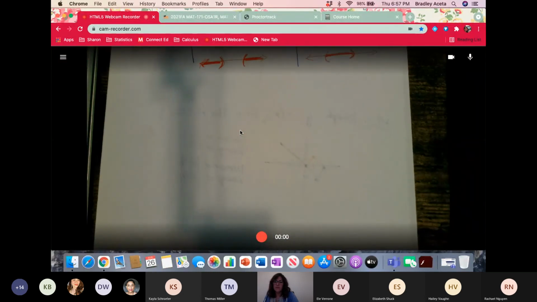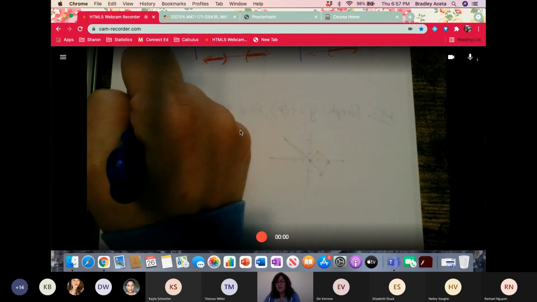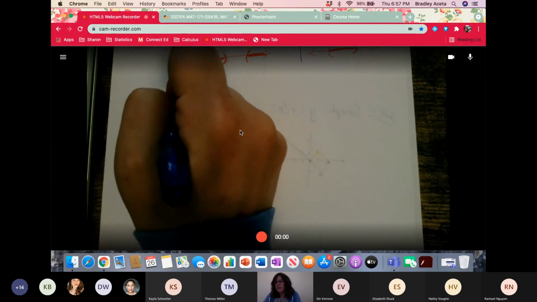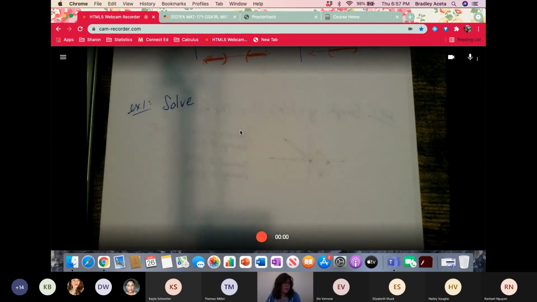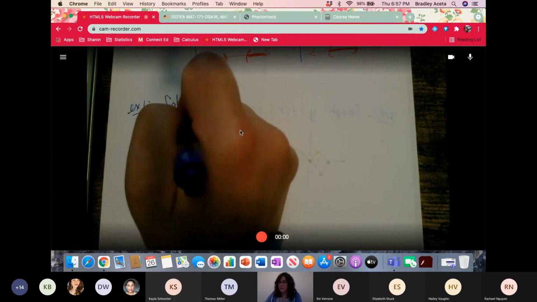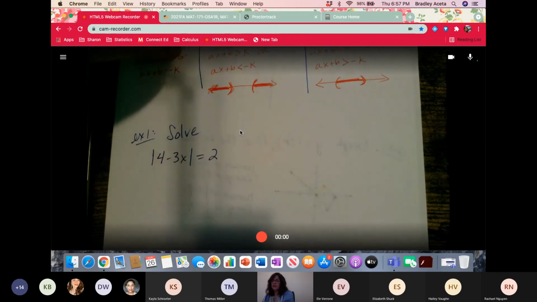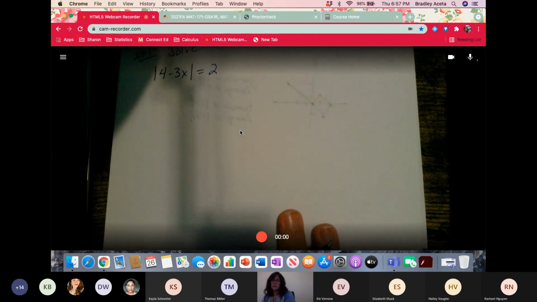Now, like I said, this would be a lot to do next week, plus we still have more to do. But I just want to go over this with you right now before we get too into it. So we're going to do the absolute value of 4 minus 3x equals 2.